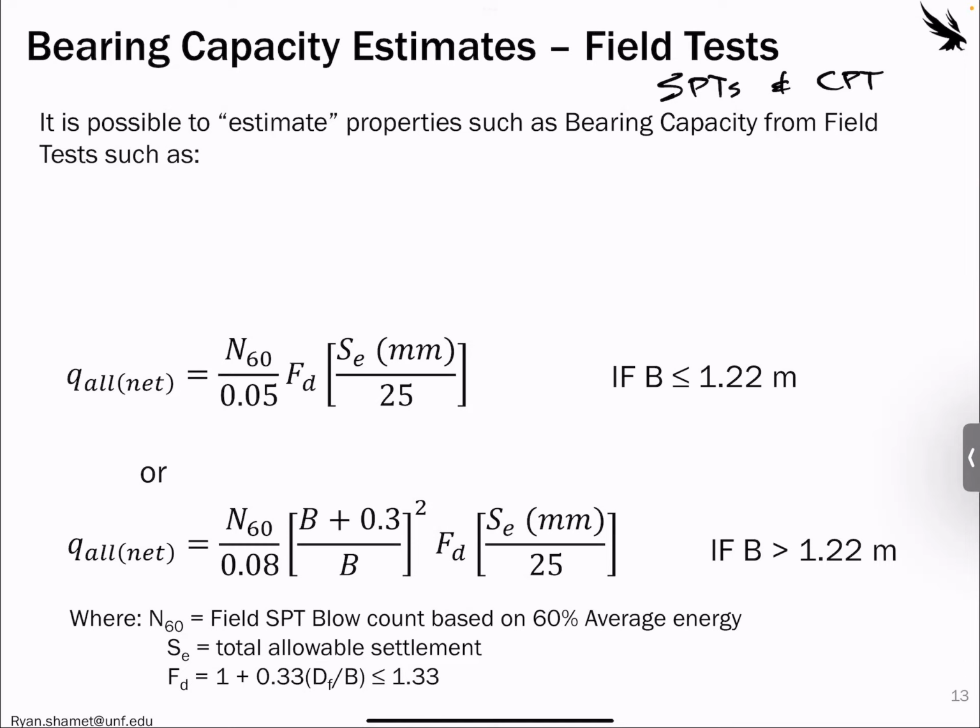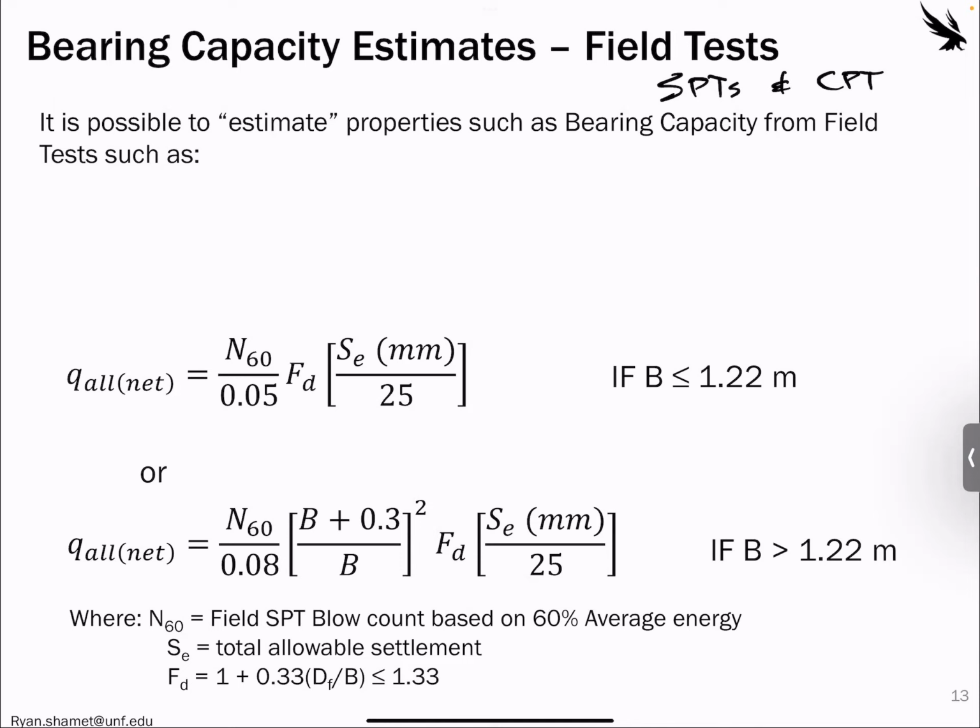You're always going to perform an SPT or a couple CPTs just to determine what the type of soil is at your site itself. So the whole thing is, if we need to do these tests anyways, why can't we use this data to develop field specific analysis?